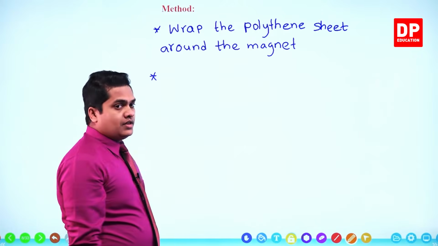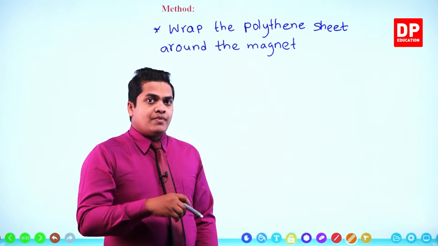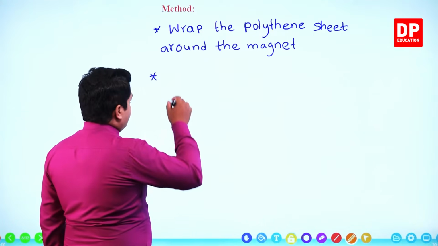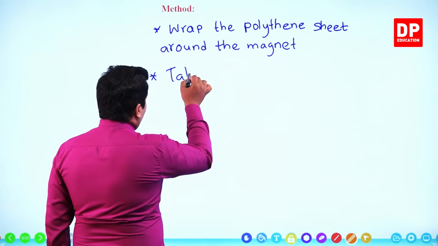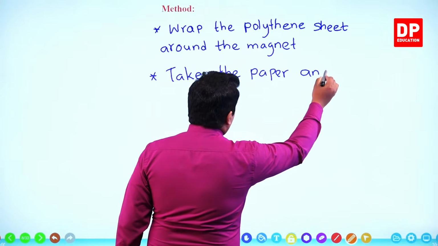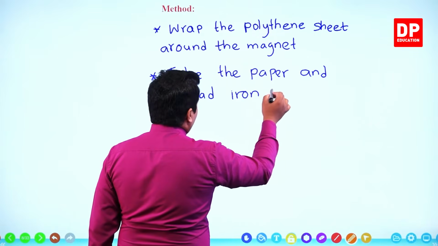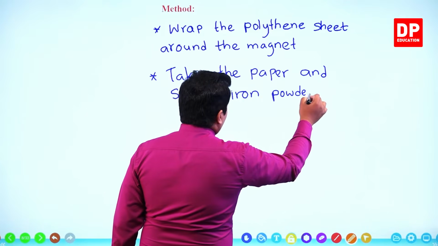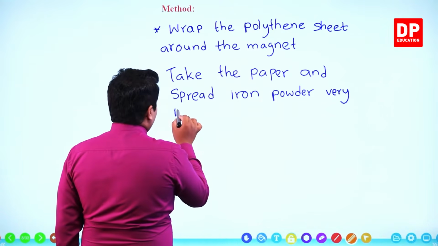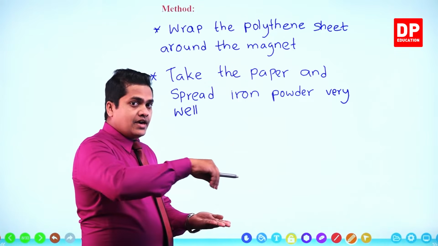Next step, we take the A4 sheet or paper sheet and spread iron powder or iron filings very well all around the sheet.